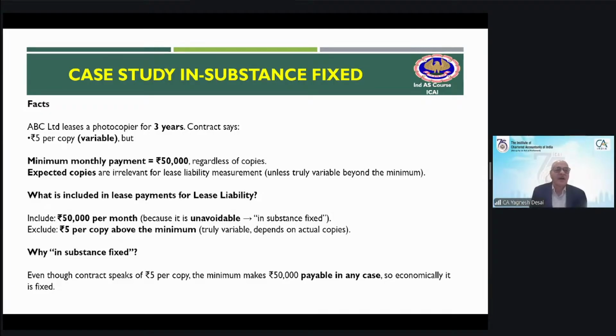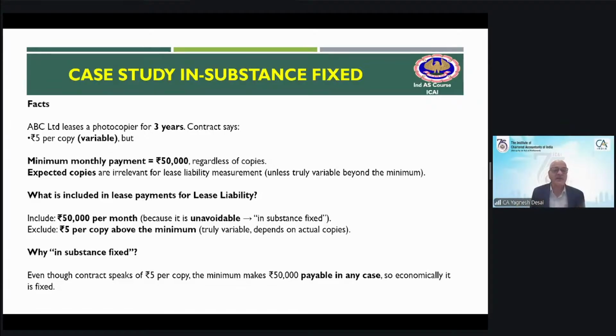It is a 3 years contract for a photocopier, the ₹5 per copy is variable. The minimum monthly payment is ₹50,000 regardless of the copies. Expected copies are irrelevant for the lease liability measurement unless truly variable beyond the minimum. If ₹5 per copy, how many copies are made in a month? 10,000. If it went above 15,000, that would be a different matter, but that is not the case.